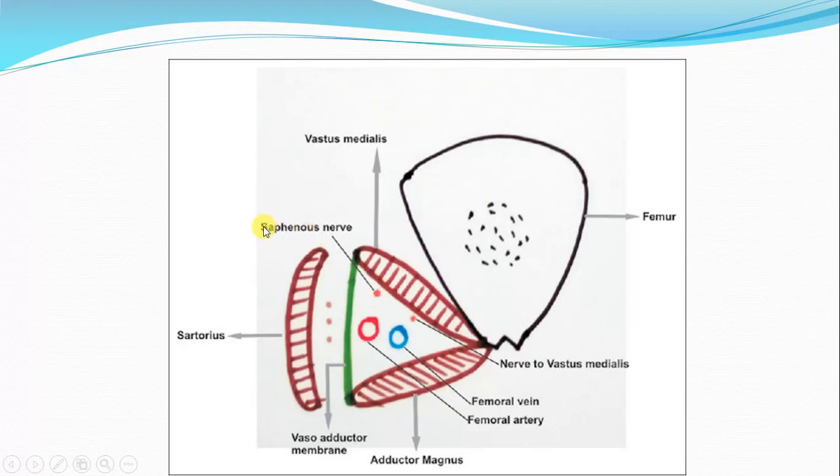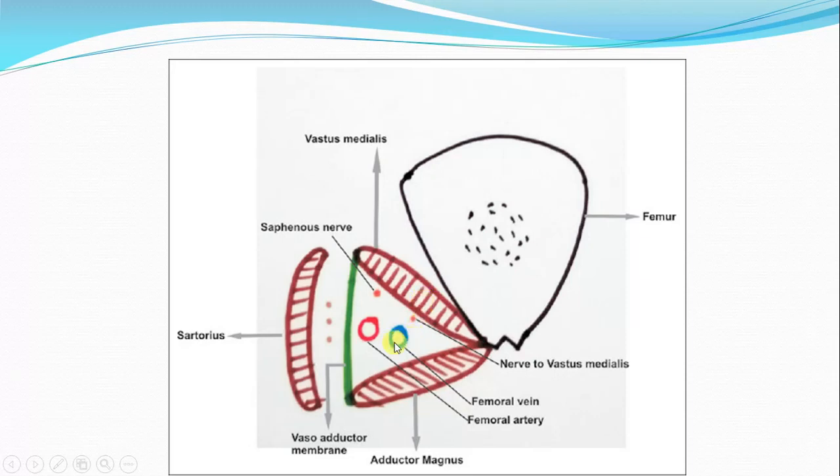And I now recall that this nerve is a cutaneous nerve which will supply the leg up to the foot. Anteromedial to the vein is a nerve to vastus medialis. This is also a branch of the femoral nerve.